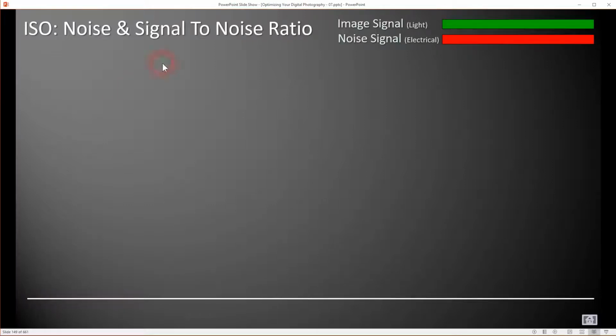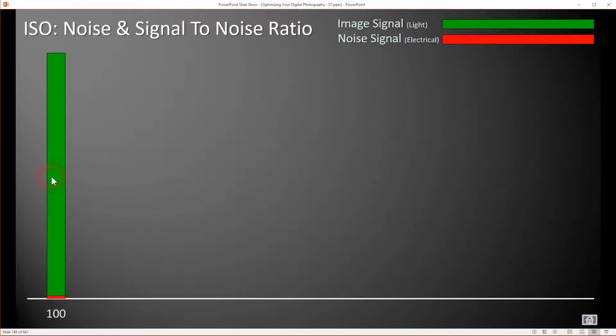If we imagine that our image signal, that's the amount of light coming in onto the sensor, is the green, and the signal noise, that's the random electrical noise generated, is the red. At 100 ISO, we've got loads and loads of signal from the light and very little noise generated.